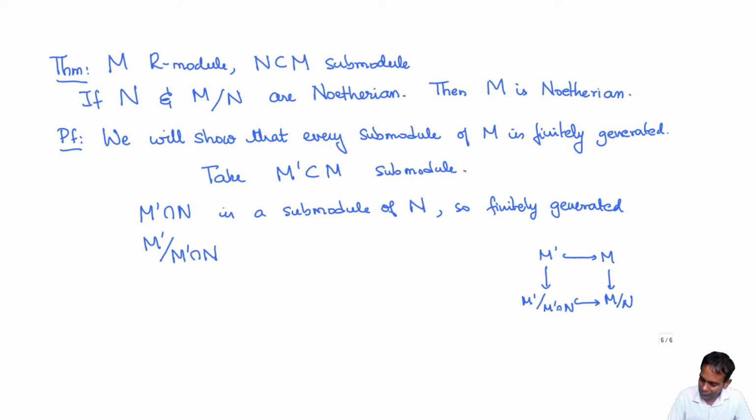That is, if something in M prime goes to 0 in M mod N, then it must lie in M prime intersect N. Well, that basically I've said it. So the only things in M prime that go to 0 in M mod N are those which are in N, so they are in M prime intersect N. So this is a submodule of M mod N, so it's also finitely generated.